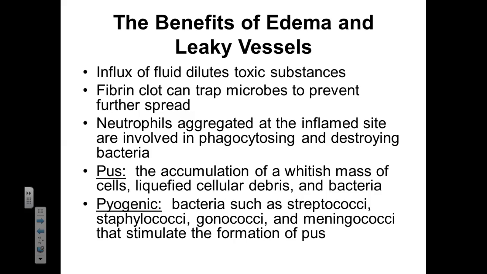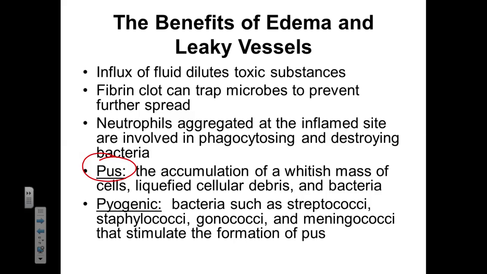We'll have lots of neutrophils get to the site of infection and exit the blood vessels easily because the blood vessels are so leaky. As I mentioned before, neutrophils make up the majority of pus. Pus is that whitish, liquidy-ish tissue that is made of liquefied bacterial and cellular debris from our bodies.